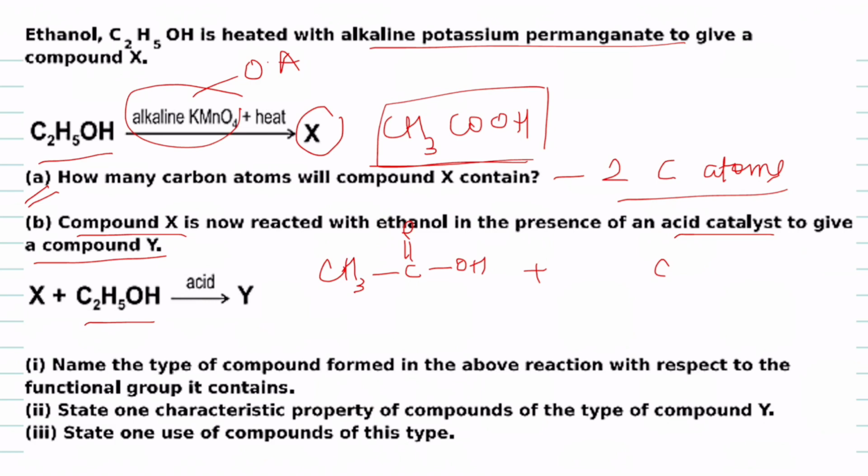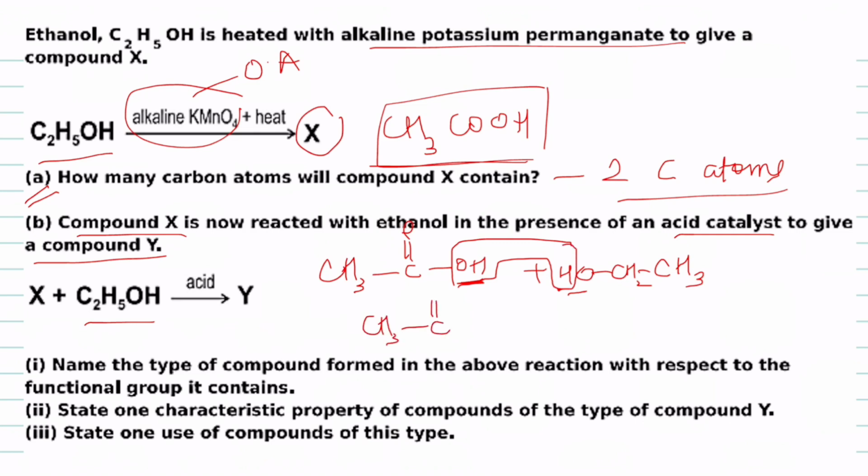The alcohol you write in this way, in the flipped way. Now just remove water. You can remove OH from the acid and H from the alcohol, or OH from the alcohol and H from the acid. It doesn't matter, you would get the same result. Just remove water and write the whole compound as it is.